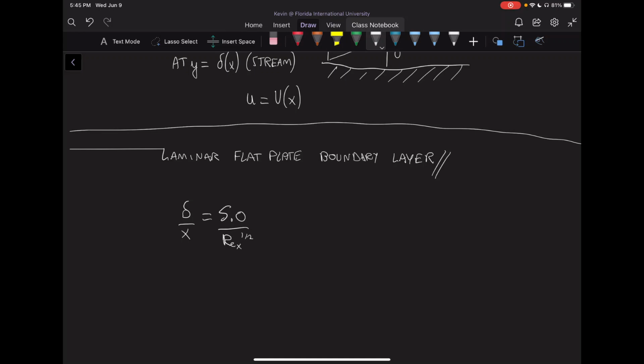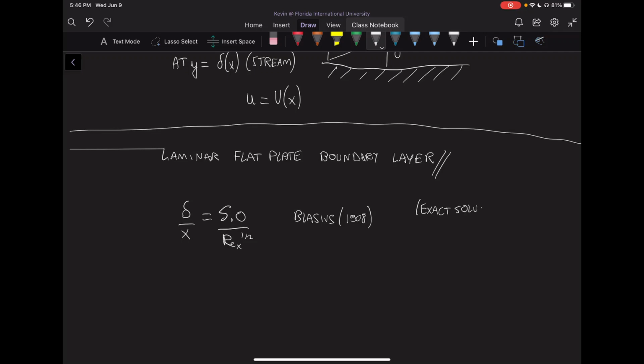We had written that earlier and figured that out earlier, but here it's an actual exact solution that comes from the simplification that we made in our continuity and momentum equation. And this was developed by Blasius in 1908. So this is sometimes called the Blasius equation for laminar flow, but this is an exact solution.